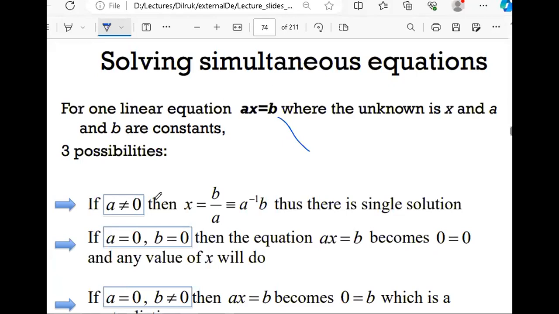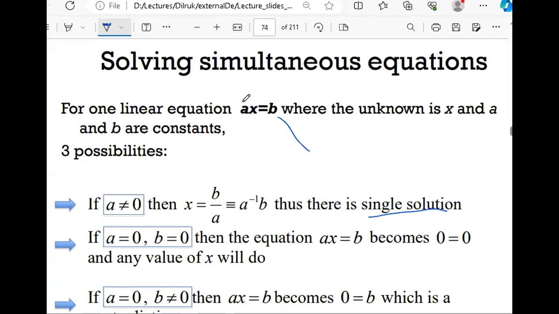If a is not equal to 0, you can divide the entire equation by that non-zero quantity and solve for x. So the equation has a unique solution.